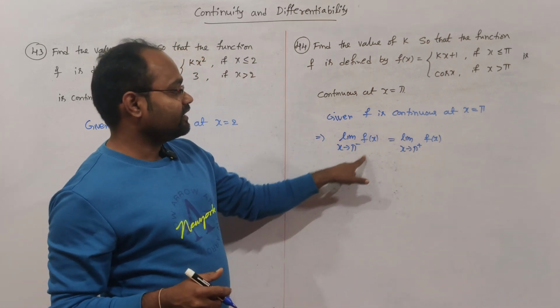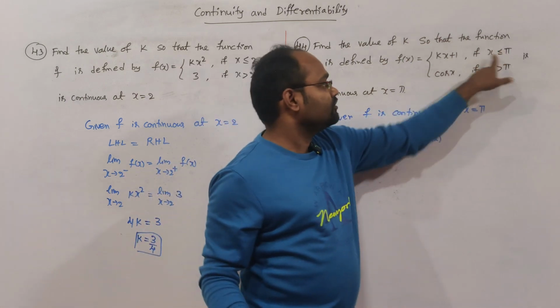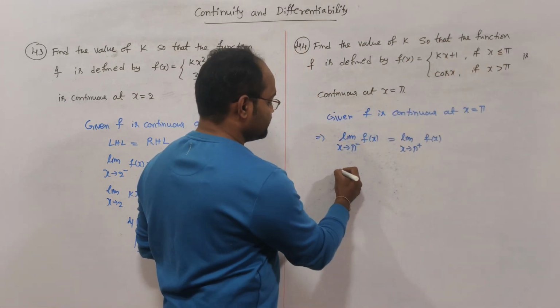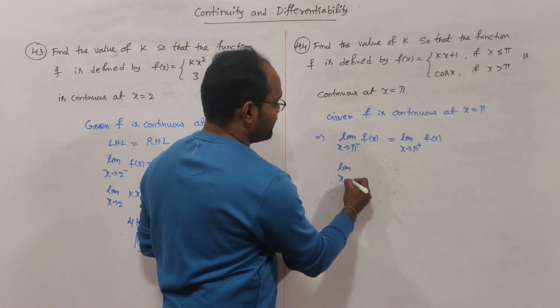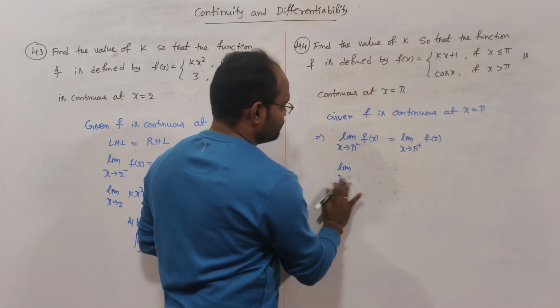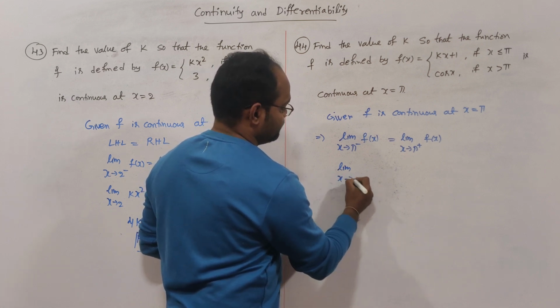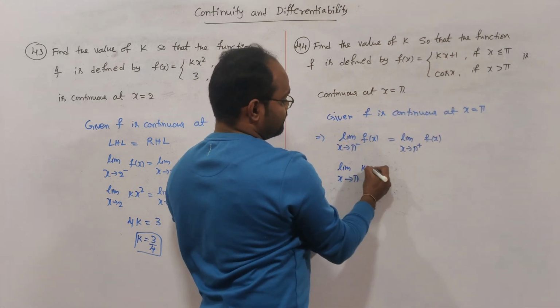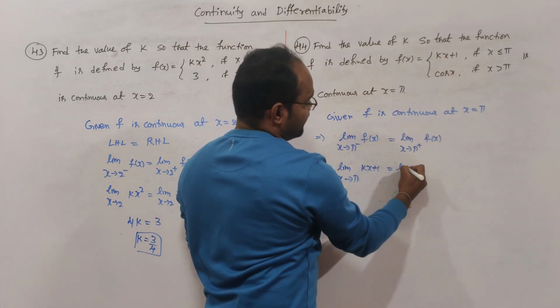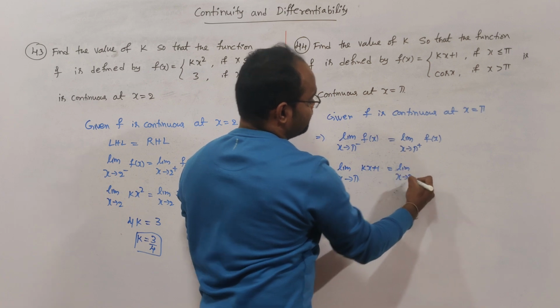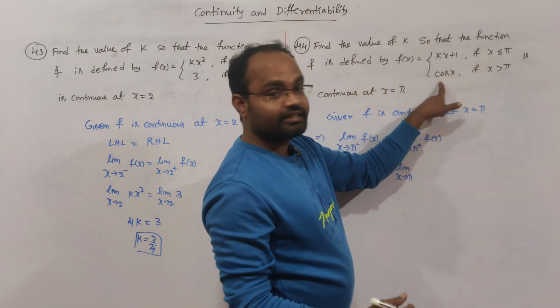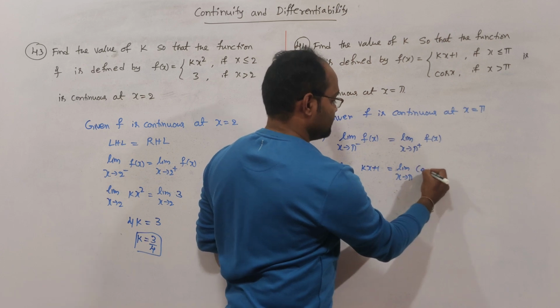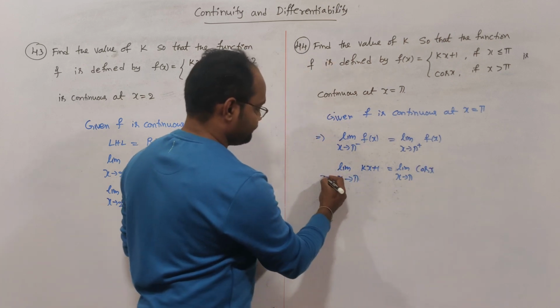LHL at x equal to pi, slightly less than pi, the function is kx plus 1. So that is limit as x tends to pi, function is less than pi, kx plus 1, and slightly greater than pi, the function is cos x.